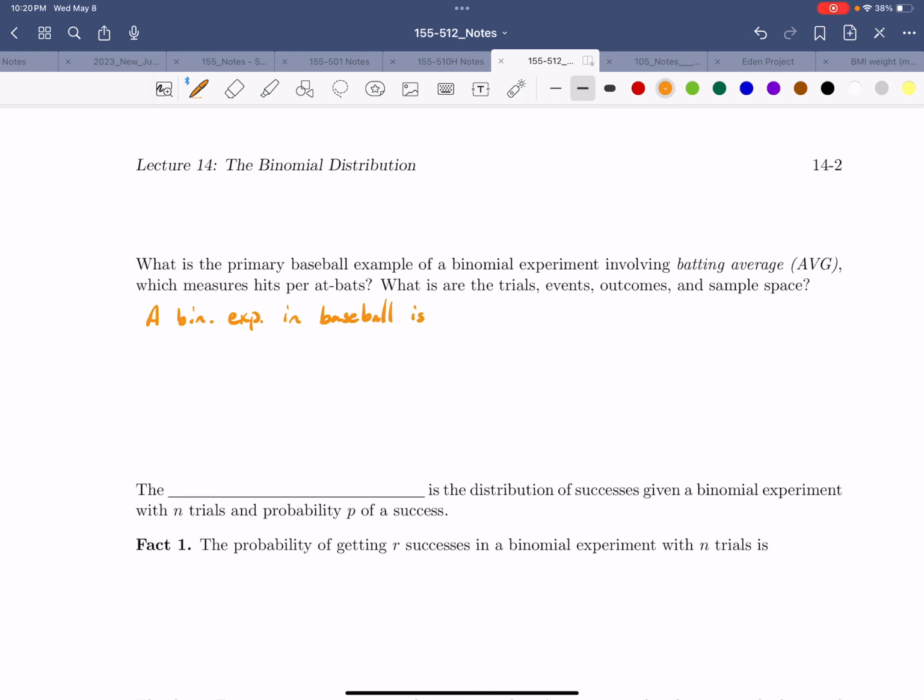The binomial experiment is the set of at-bats, which we denote by AB, per game for a single hitter. Each at-bat is a trial.